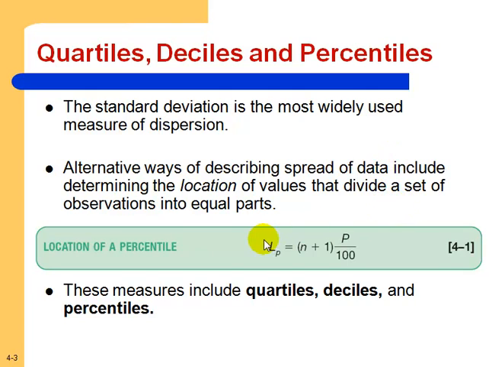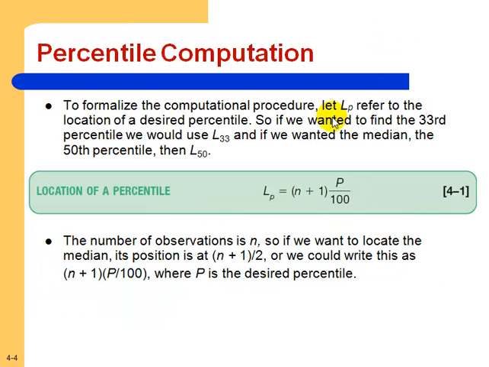The formula of the location of the percentile is L sub p equal to n plus 1 times p over 100. So we let L sub p refer to the location of the desired percentile. If we wanted to find the 33rd percentile, we would use L33, and if we wanted the median, the 50th percentile, then it's L50.